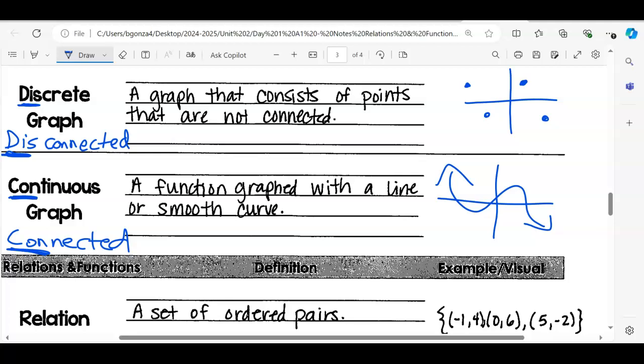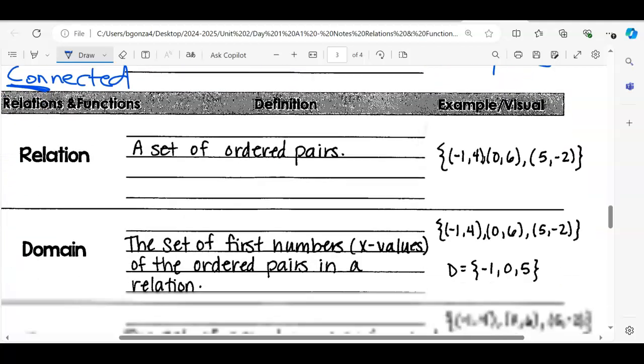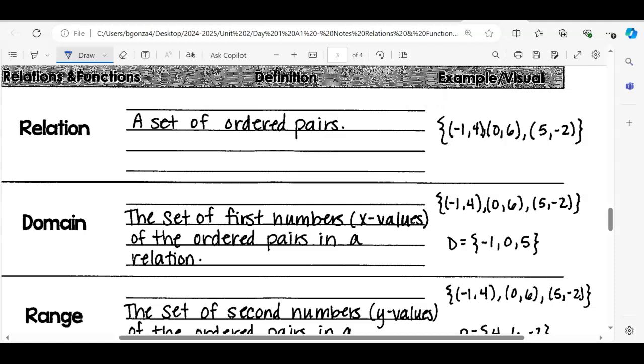All right, next one. What is a relation? Now that word relation sounds like relationship, and it is a relationship between x and y values. It's ordered pairs, and it's a set. Now look, write this down. A set means it's going to be inside of brackets.